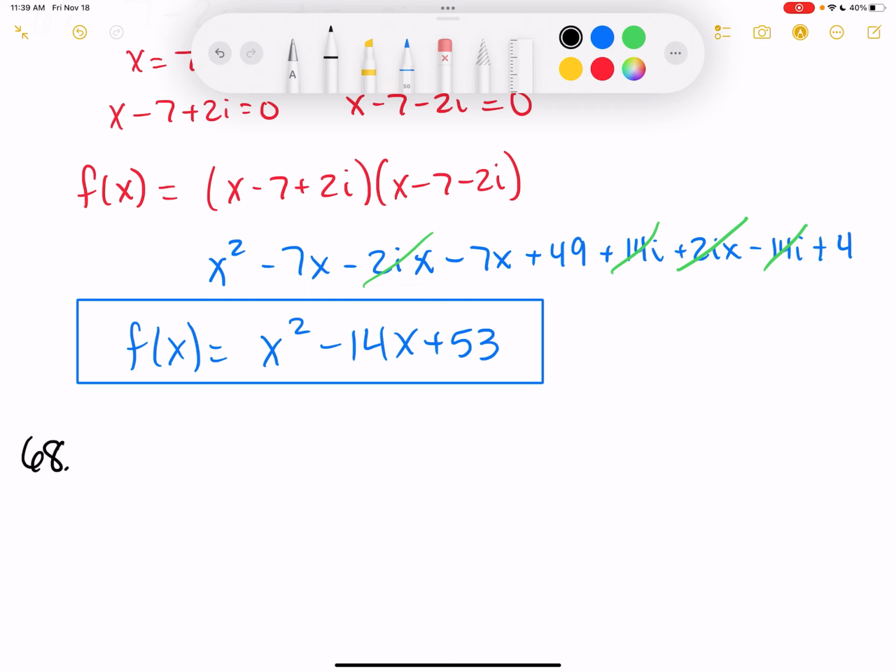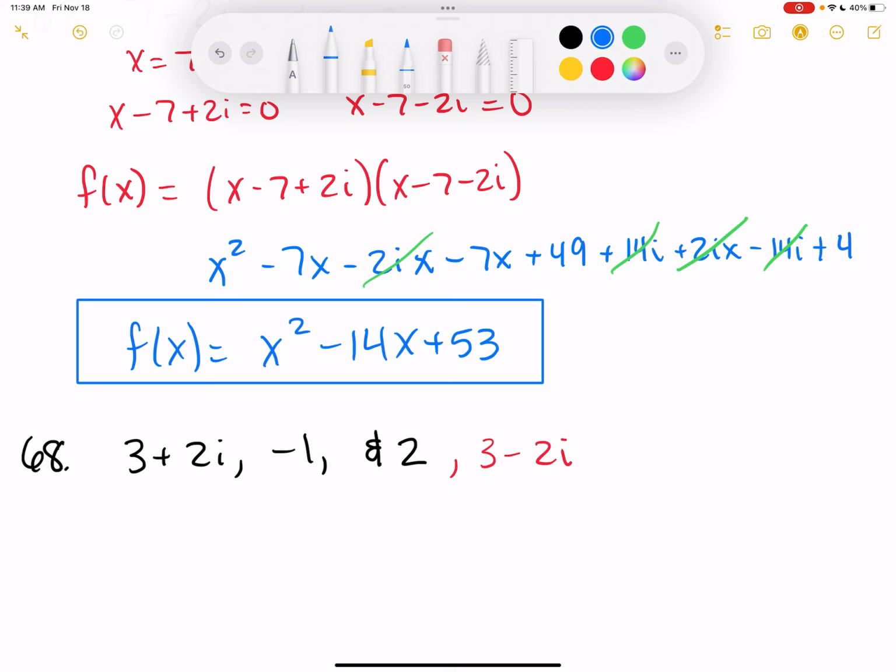All right, 3 plus 2i, negative 1, and 2. So if 3 plus 2i is a 0, what also must be a 0? 3 minus 2i. So imagine this as x equals each of these, so we're moving them all over.